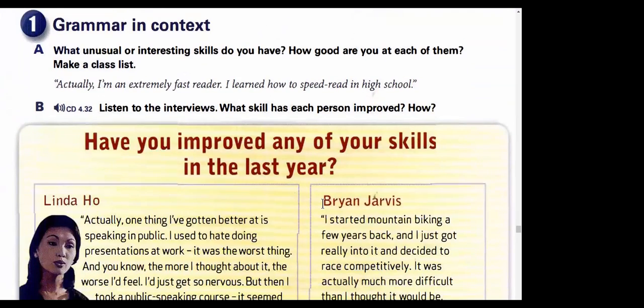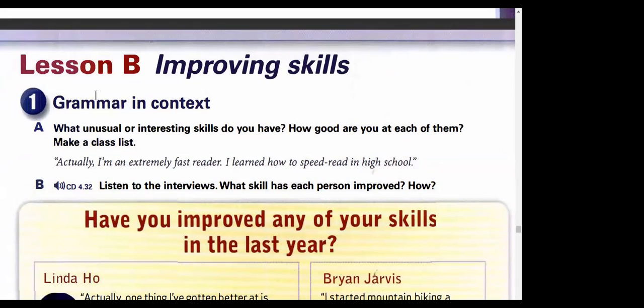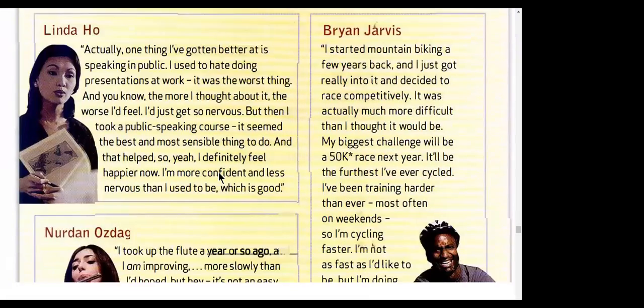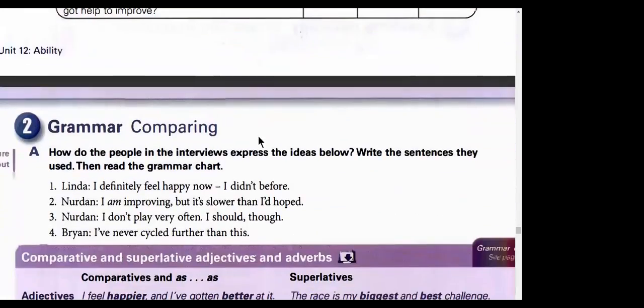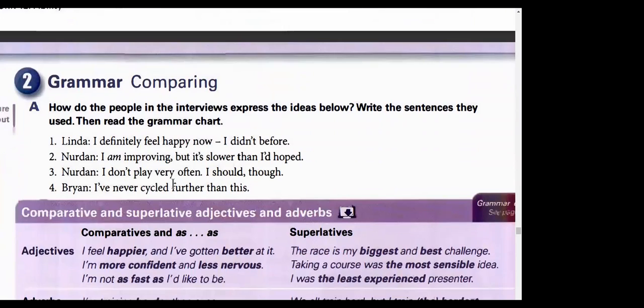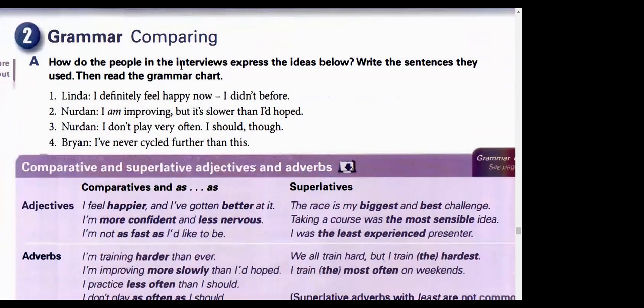I hope you're okay. And then we have lesson B, improving skills. And what we saw in lesson B is comparing. What do we use to compare? We use a comparative or a superlative.